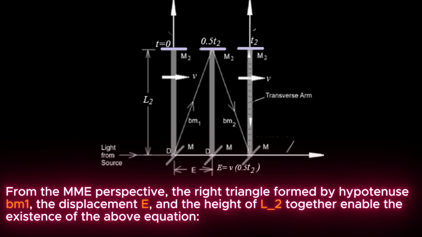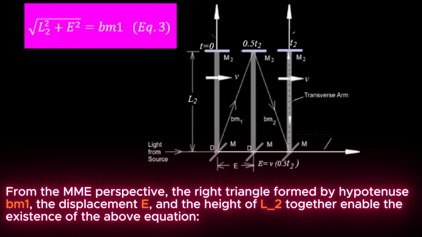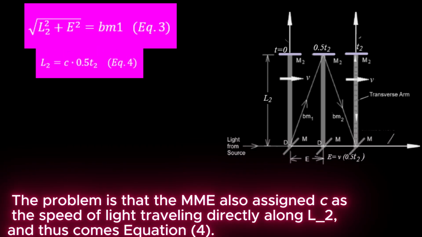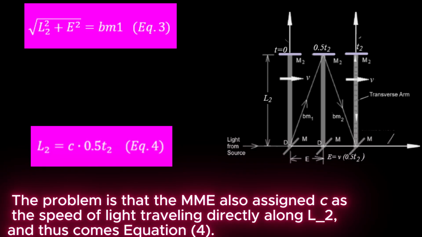From the MME perspective, the right triangle formed by hypotenuse BM1, the displacement E, and the height of L2 together enable the existence of the above equation. The problem is that the MME also assigns c as the speed of light traveling directly along L2, and thus comes equation 4.